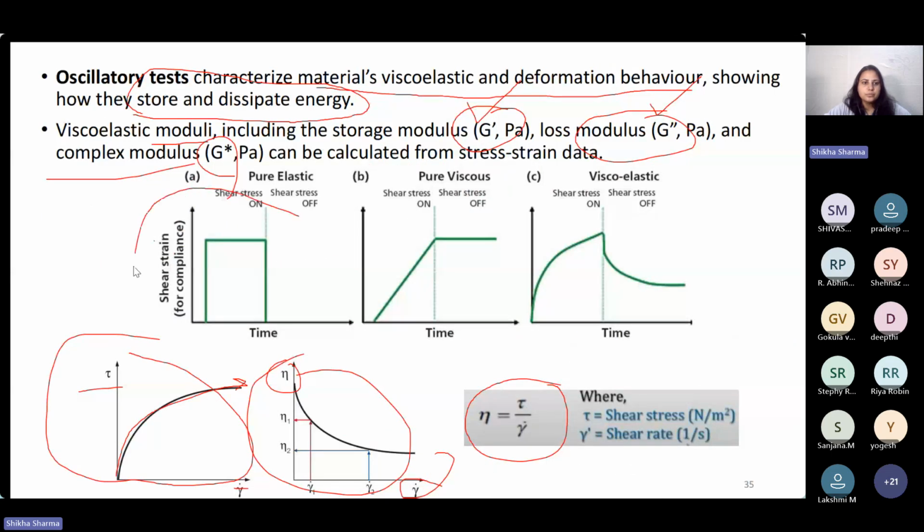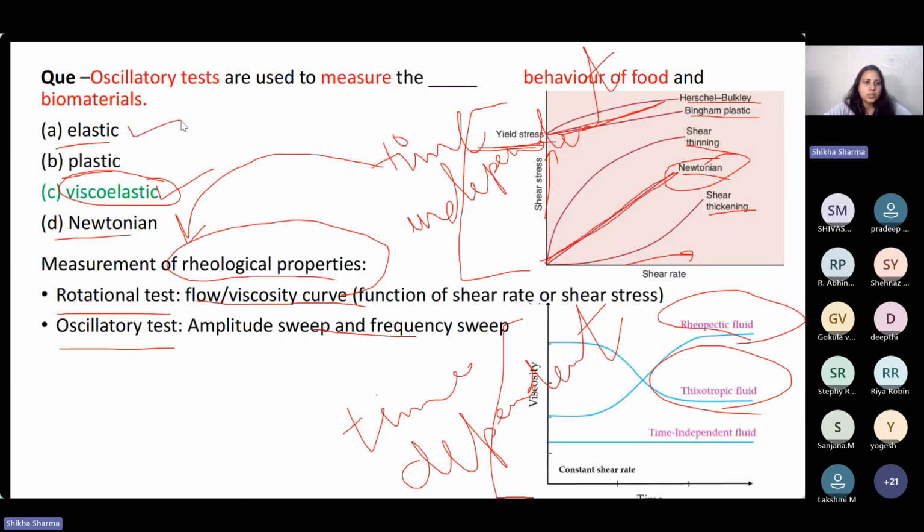If we see the pure elastic component, when we apply the stress, it is under strain, and when the shear stress is removed, it returns to the original form. This is the elastic component.